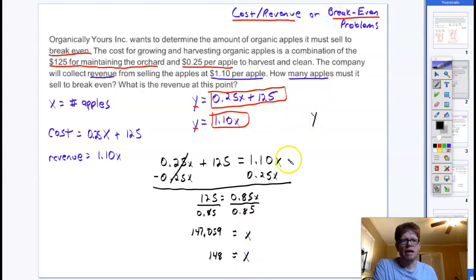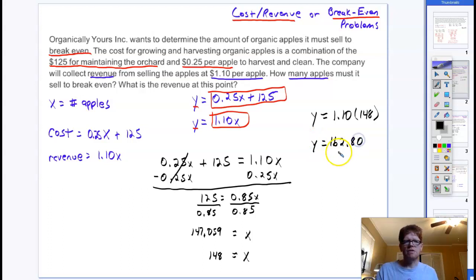I'm going to plug x back into this equation. y is equal to $1.10 times x, which is 148. And then once again, I can punch that in my trusty calculator, 1.10 times 148. And I'm going to get $162.80.